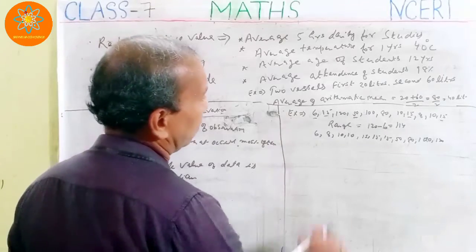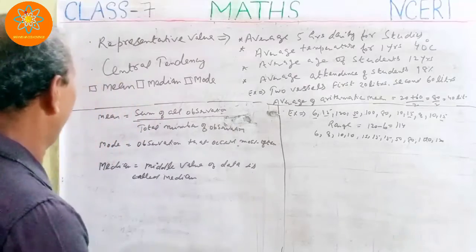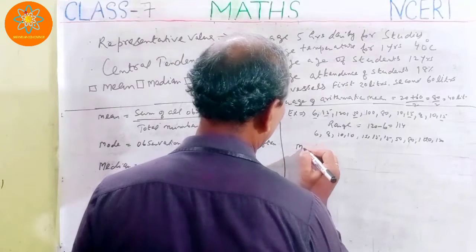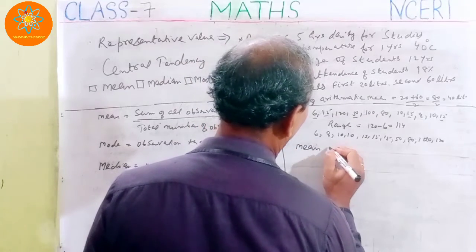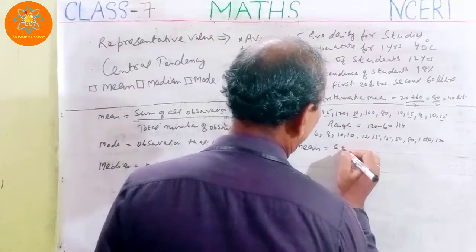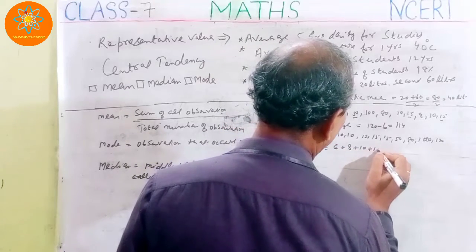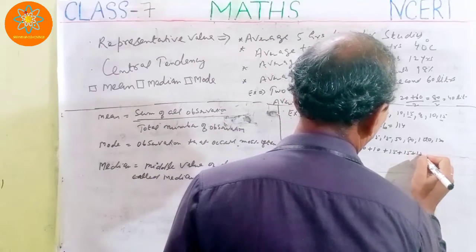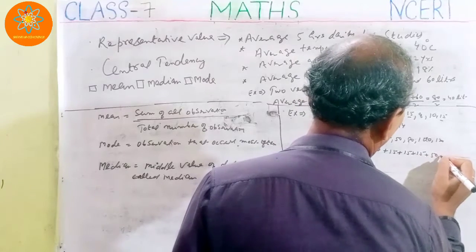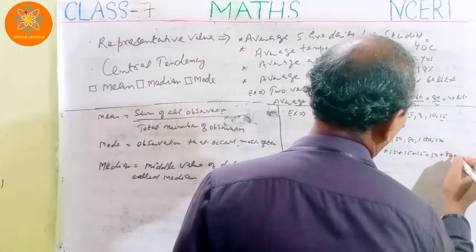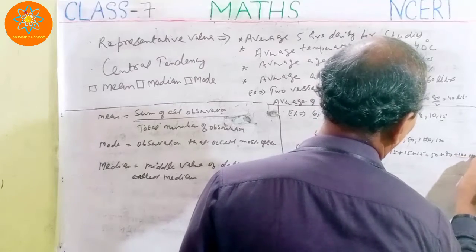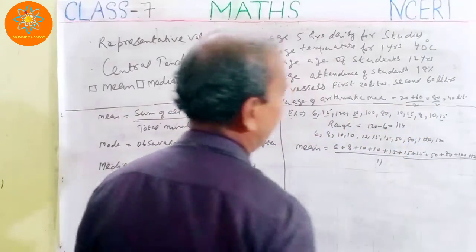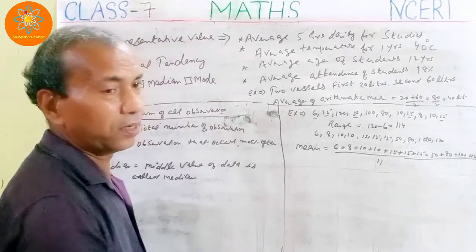Now from these data I want to find mean, mode and median. So what will be the mean? Mean is equal to 6 plus 8 plus 10 plus 10 plus 15 plus 15 plus 15 plus 50 plus 80 plus 100 plus 120 divided by 11, because altogether we have 11 terms.